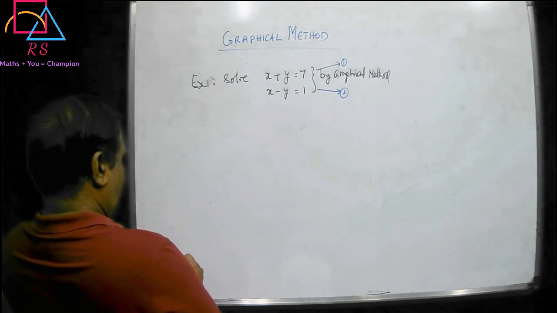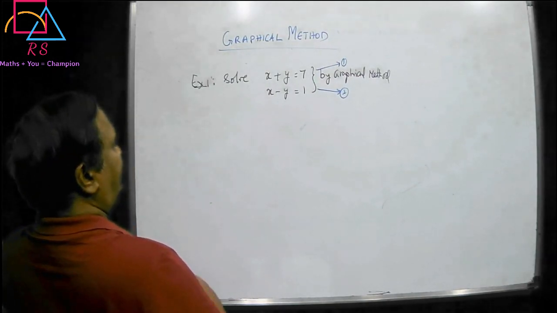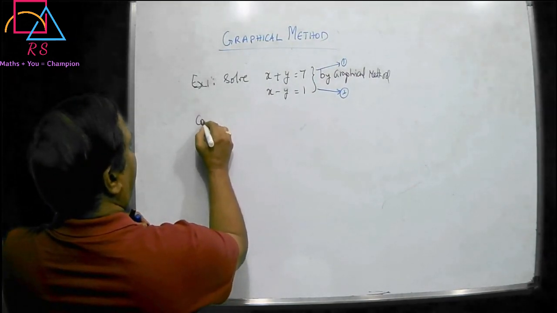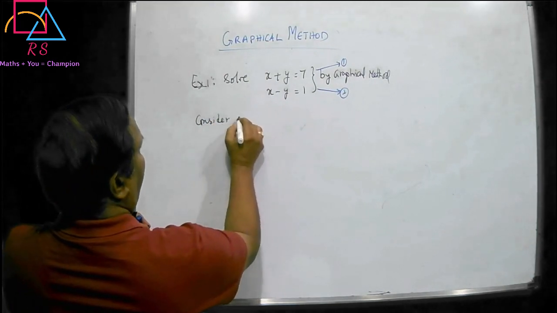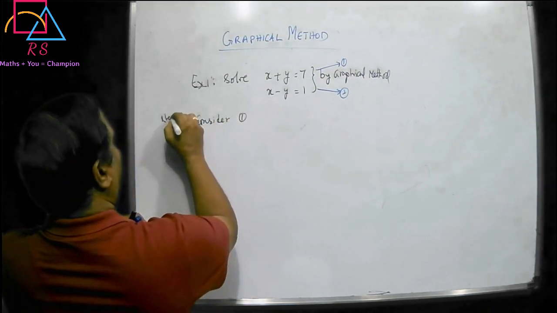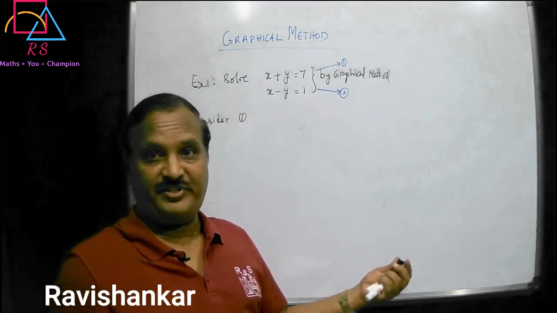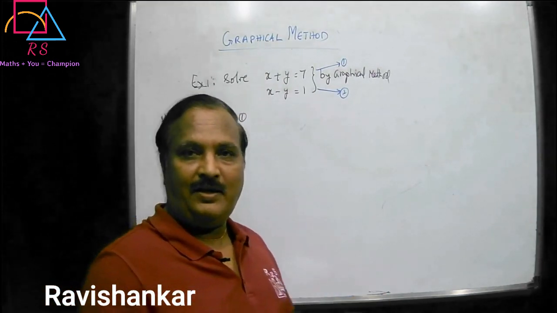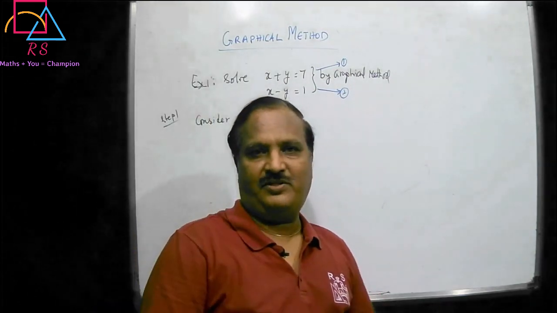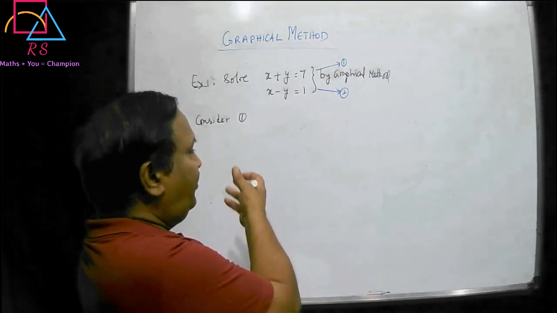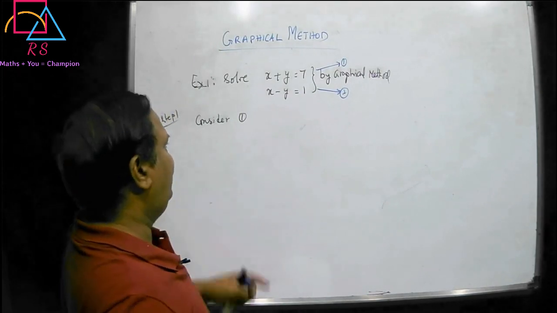So now I will take the first equation. This is step number 1. I am not directly going into the graph sheet. The graph sheet is the layout, and for that we need to have a foundation. This is foundation work, basic work.